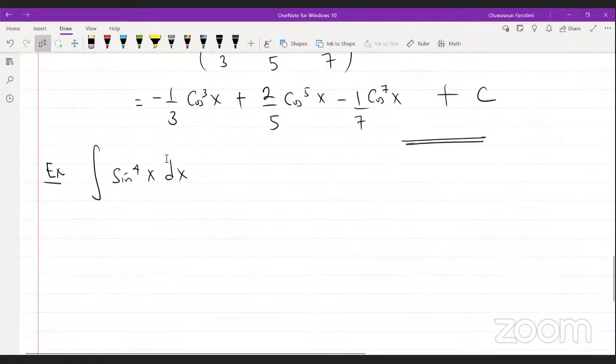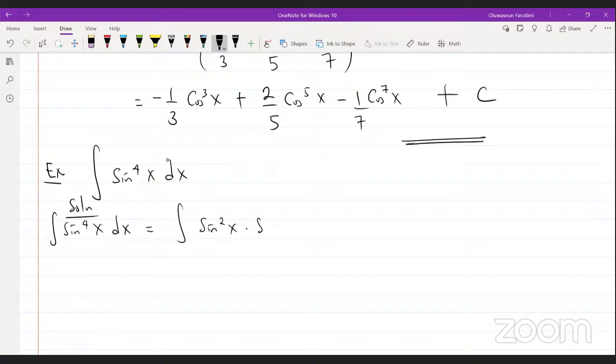Whenever you have this huge power, you want to break it down. Solution: you have the integral of sine to the fourth power of x dx. This is exactly equal to the integral of sine squared x times sine squared x dx, right?